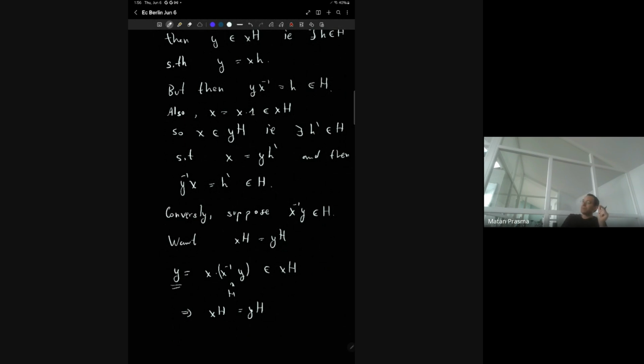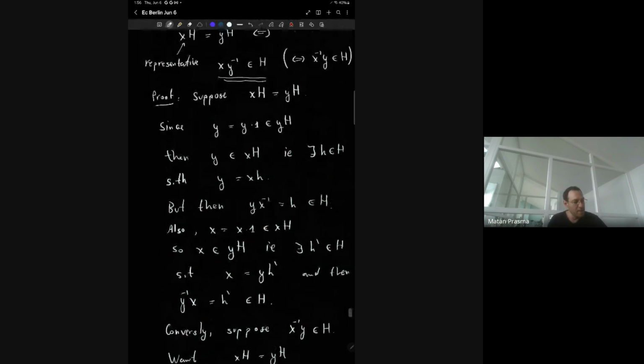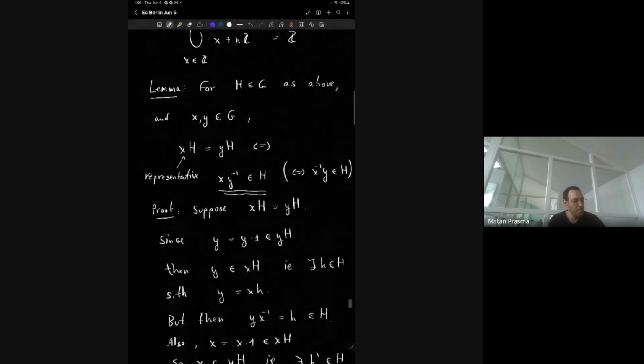If one element is in both sets, then they must be equal. Okay, so this proves the lemma. So the lemma again tells us that in order for two cosets to be equal, if you multiply their representatives and you take the inverse of one of them, then it must be in H. It's an equivalent condition for when the two cosets are equal.